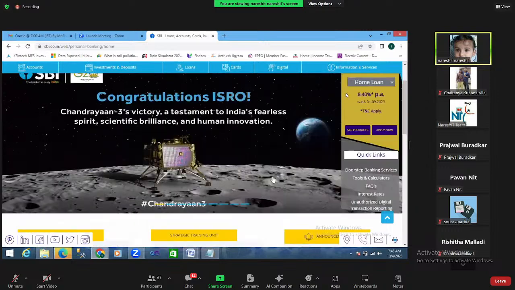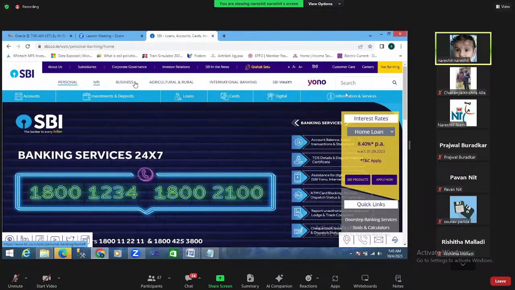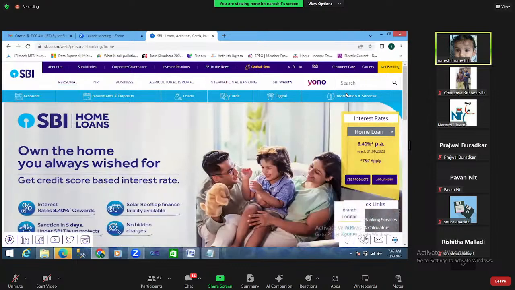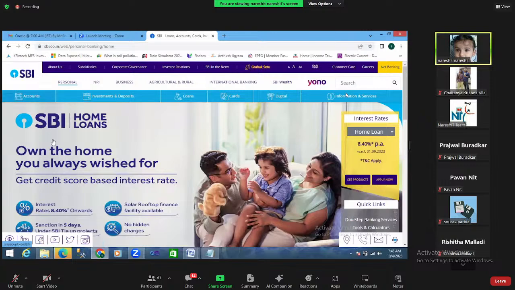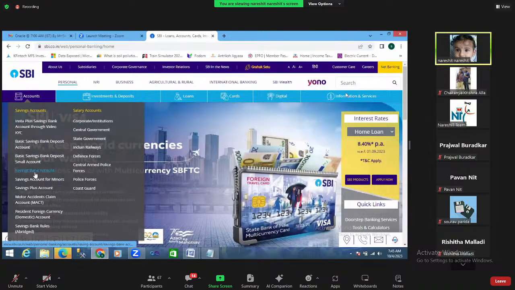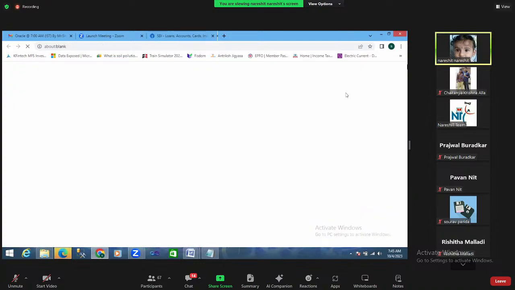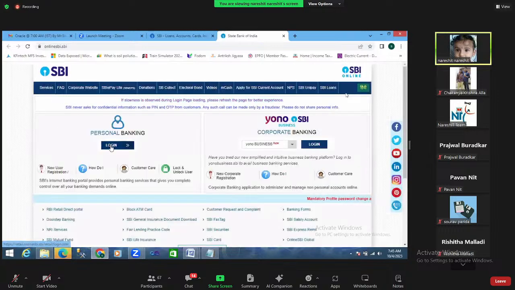Where is the login actually? NRI, interest rates, home loan, online banking services, savings account. Okay. Here we have net banking. Once you click on this net banking, personal banking.